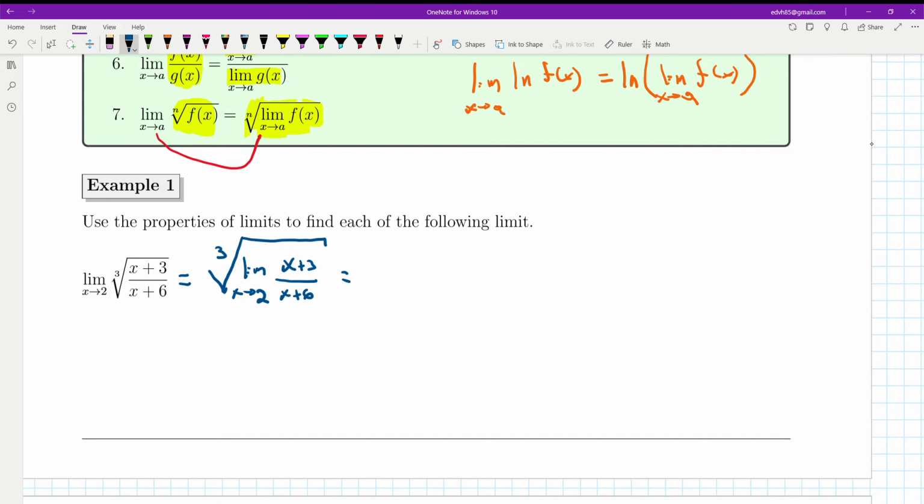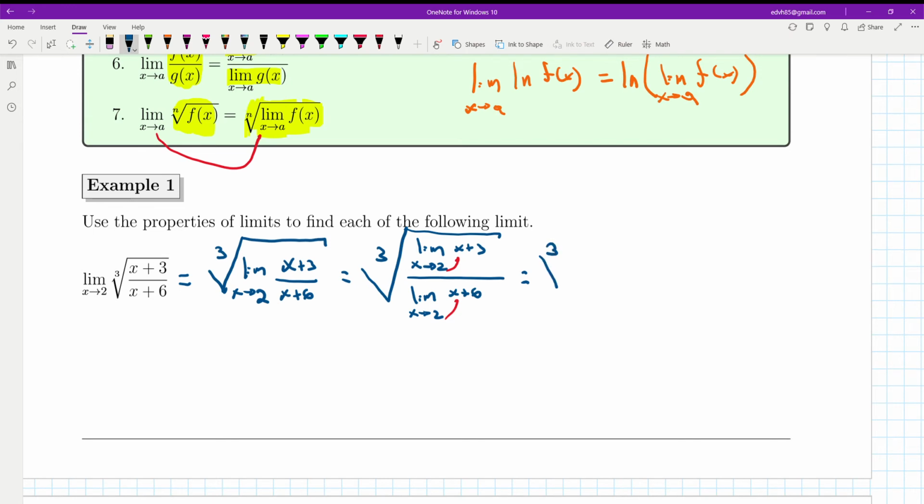In other words, the cube root of the limit as x approaches 2 of x plus 3 over the limit as x approaches 2 of x plus 6. And in this case, to compute the limit in the numerator, all we do is substitute the 2 wherever we see the letter x.